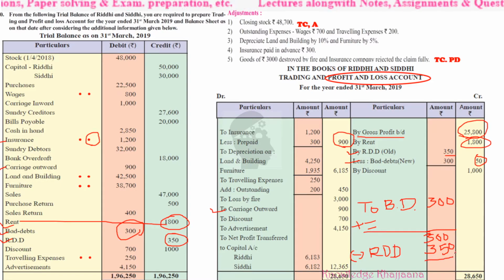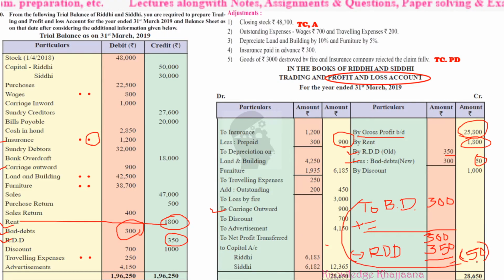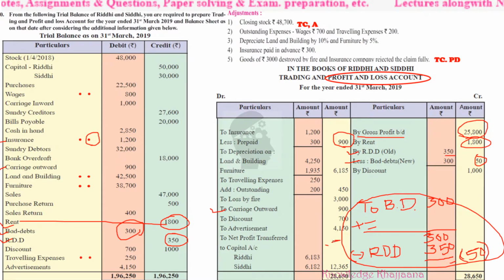We will get a negative amount, rupees 50. And how do we write a negative amount? Within a bracket, because it is a negative amount. So if we had recorded it like this, we would have got minus 50 over here. This can also be done.